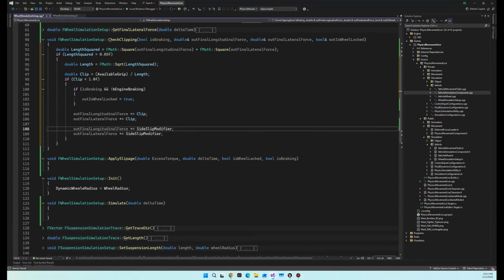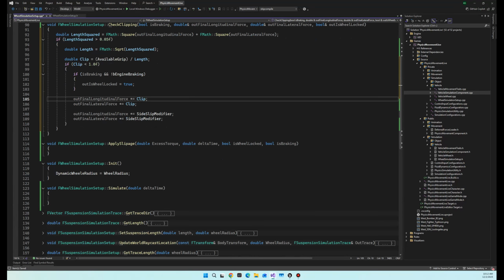Otherwise, if it is less than 1, then we'll ask: are we braking and are we not engine braking? That's pretty much to check to see if our wheel is actually locked up. If it is, then we'll set our wheel lock to true. So we're actually locking the tires versus letting the tires slow down naturally. And then we also have the final longitudinal force.